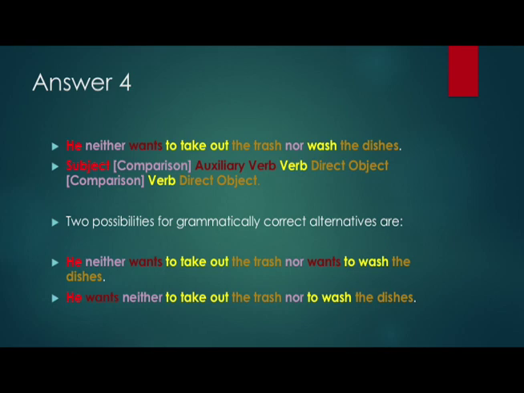So, both have a verb, the first one to take out, the second wash. Each has a direct object, the first one the trash, the second the dishes, but the first one also has the auxiliary verb or helping verb wants.